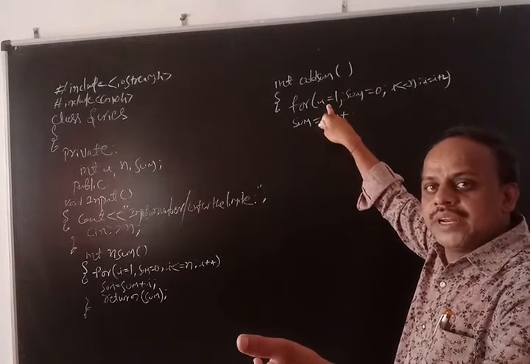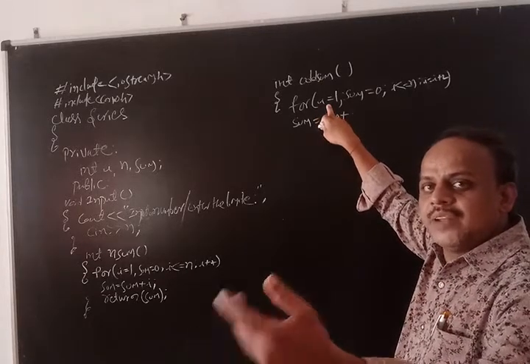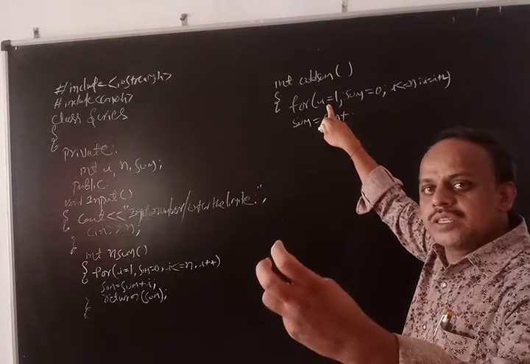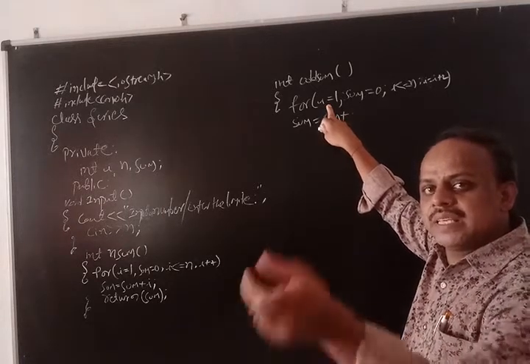Suppose the n value limit is 10, the odd sum series means 1 plus 3 plus 5 plus, right?